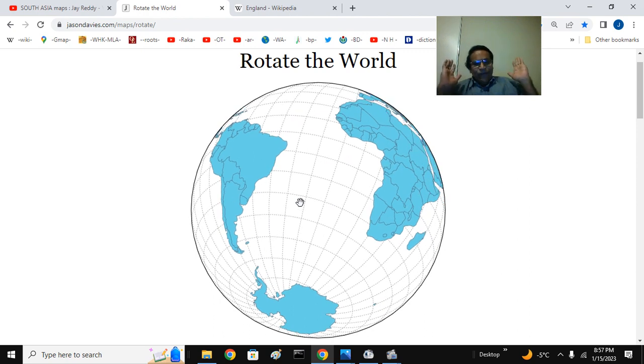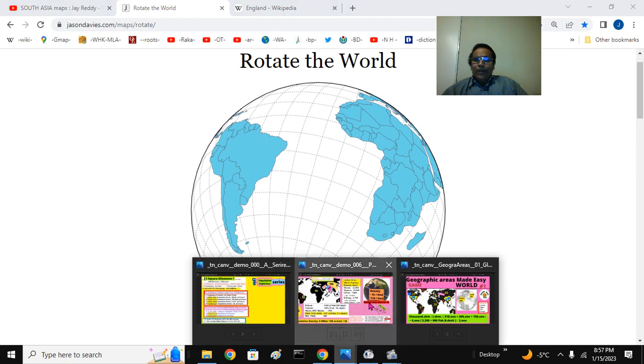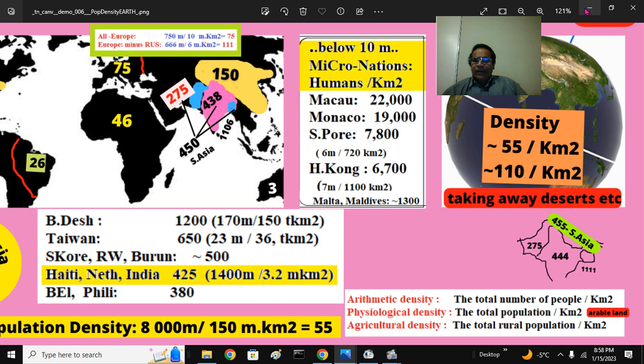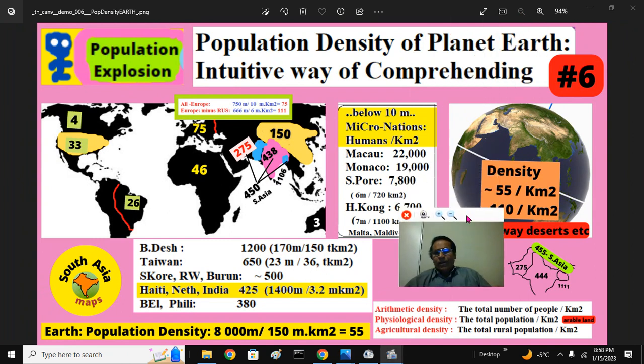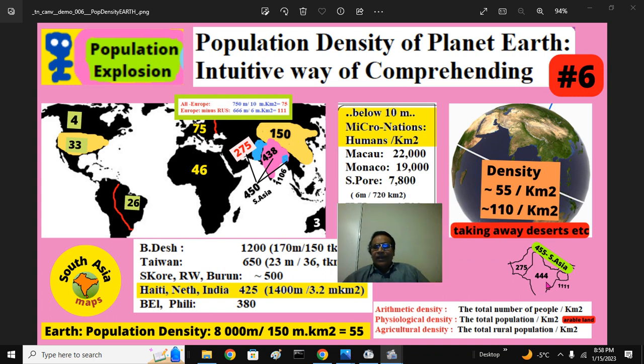So we got a very intuitive way of remembering the population densities of the planet Earth whenever you are looking at any socio-political, economic events. You can guess approximately what the population density should be. Is it 55 or 110, or the Indian average of 444.